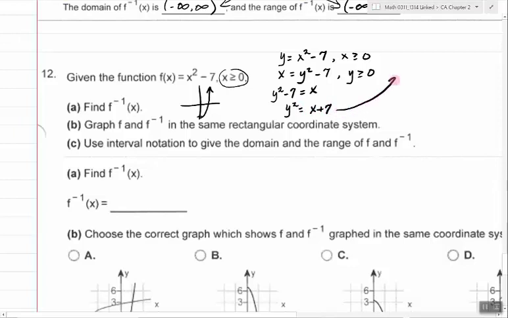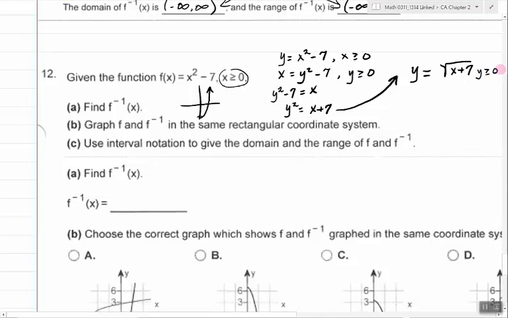Now, typically I would need to use the square root property. I'm going to write something and erase it. That would say y is equal to plus or minus the square root of x plus 7. I don't do that part of it because I have this restriction: y has to be greater than or equal to 0.